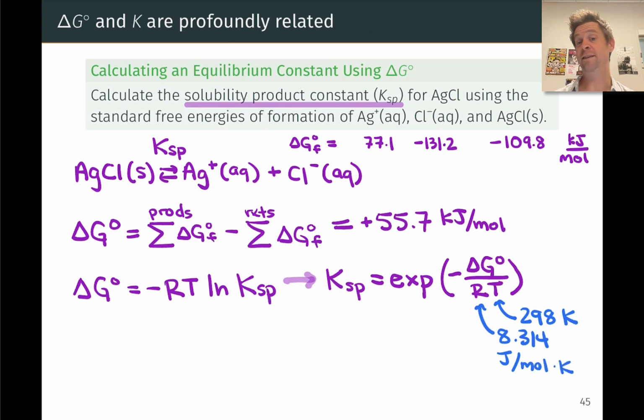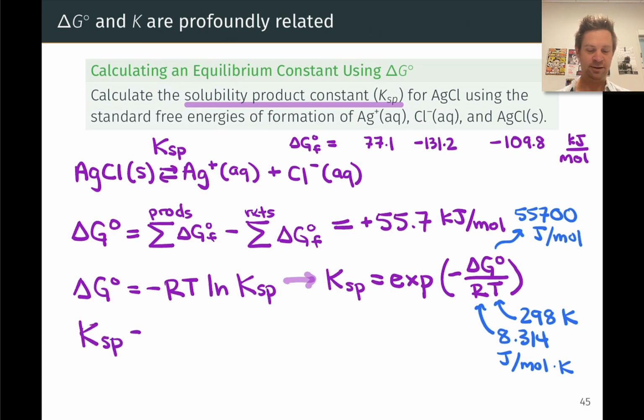And then we do need to take care to make the units of the free energy change match the units of R. So here, what I would do is something along the lines of 55,700 joules per mole. That's just the standard free energy change we calculated previously in terms of joules rather than kilojoules. So now notice we have just numbers inside the argument of that exponential. And so we can plug in and chug along.